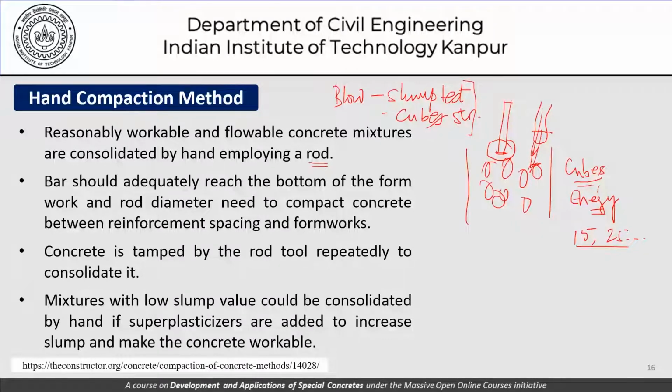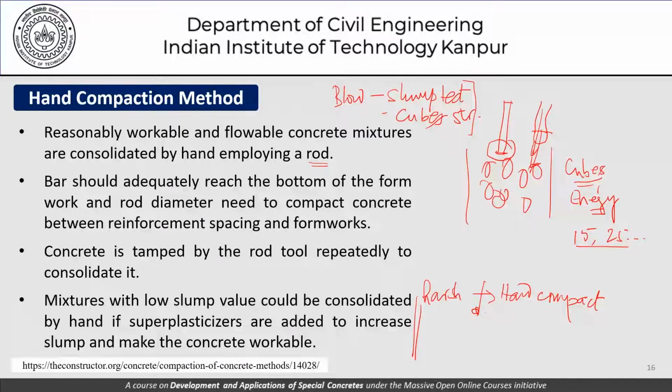So basically what's being said is that harsh concrete is very difficult to hand compact. If we want to compact harsh concrete by hand, it will be more challenging. I don't say it cannot be done, but it will be extremely challenging to consolidate a harsh concrete by hand compaction alone.